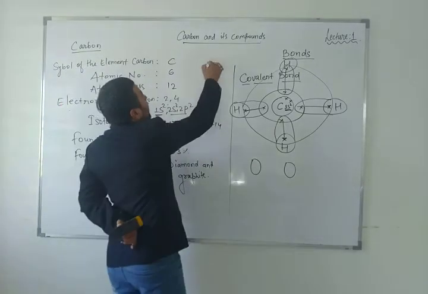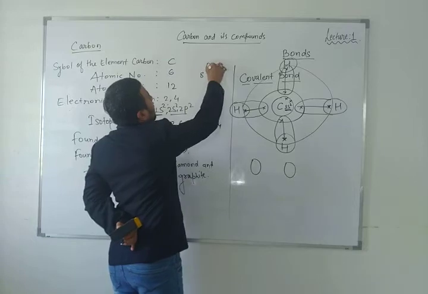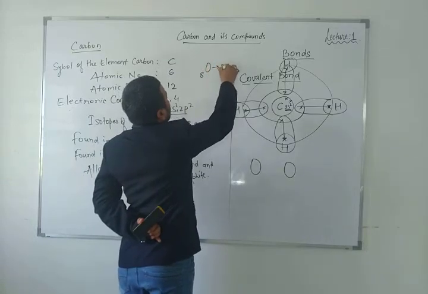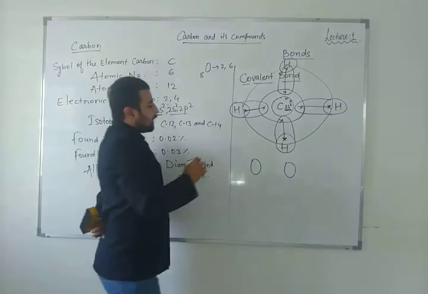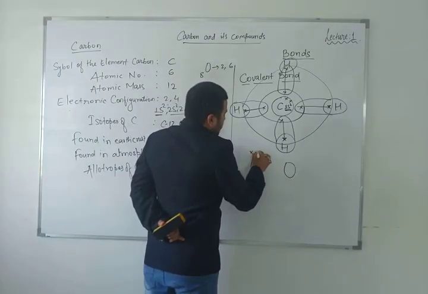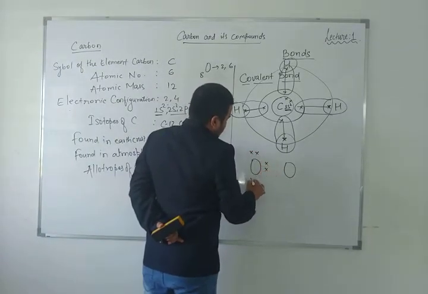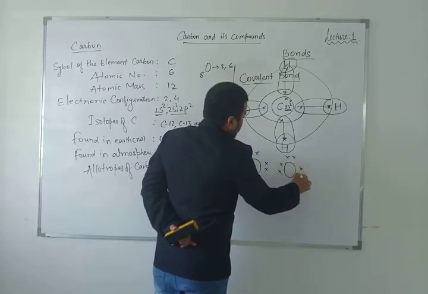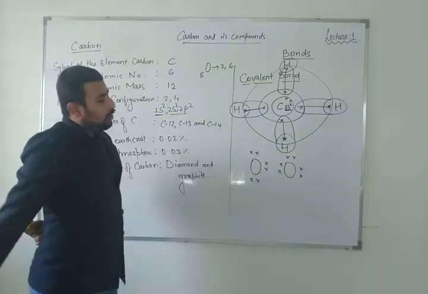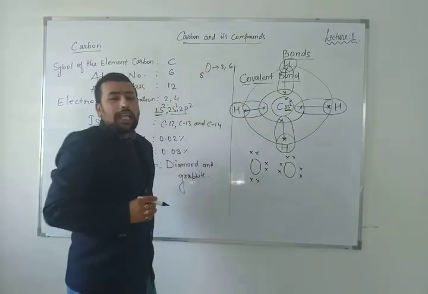Oxygen atomic number is 8. In the first shell it has 2 electrons and in the second shell it has 6 electrons: 1, 2, 3, 4, 5, 6. This cross symbol I have represented with the electrons.